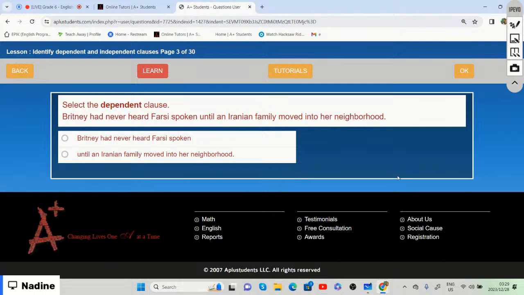So if we select the dependent clause, is it option one, which is "Brittany had never heard Farsi spoken"? Or is the second option "until an Iranian family moved into her neighborhood"?